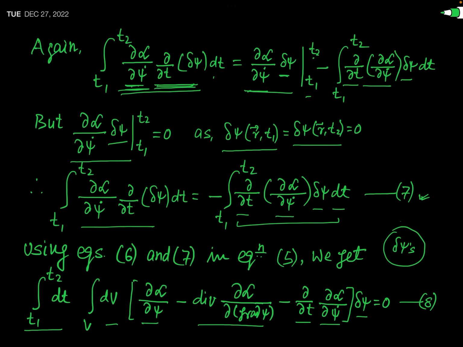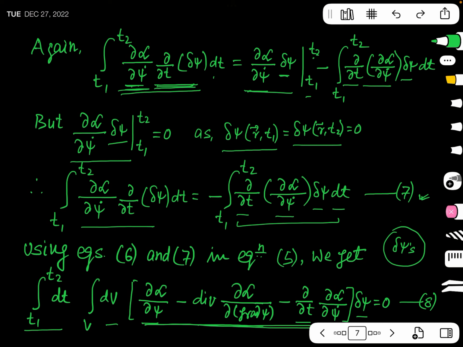So this definite integral will hold only when the integrand inside the square bracket vanishes. So for the validity of equation 8, the integrand inside these square brackets will be equal to 0.